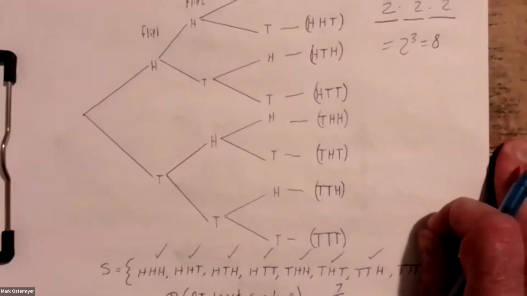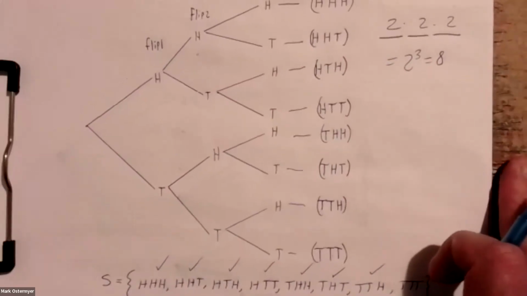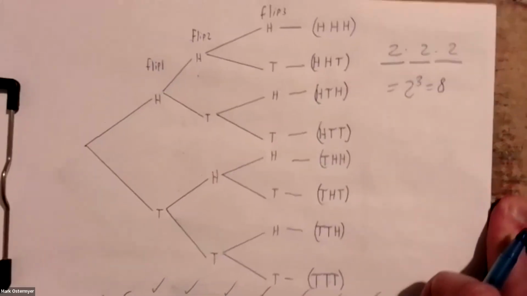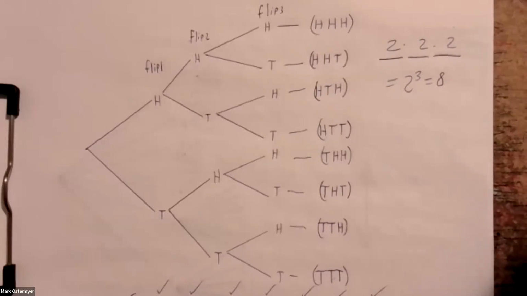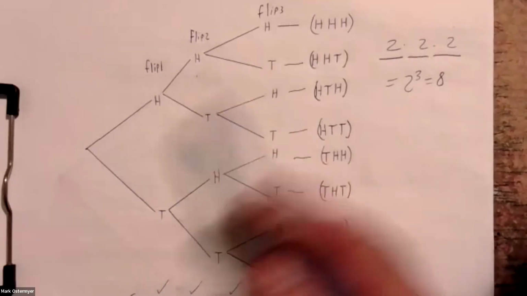So, I mean, the tree structure is still doable here. It's not that unreasonable. Now, if I said you're flipping a coin 10 times, could you imagine trying to draw a tree structure for that? That would not be reasonable in a human sense. You'd really have to turn it over to what would be called the binomial probability distribution, ladies and gentlemen, to answer probability questions for a situation like that, where you don't have to draw the tree structure.